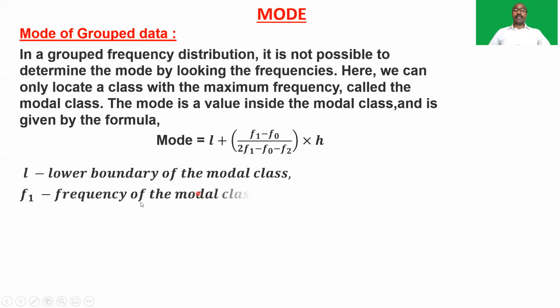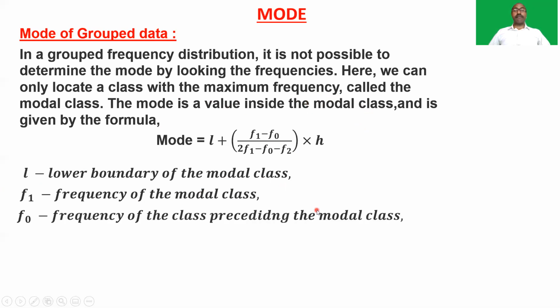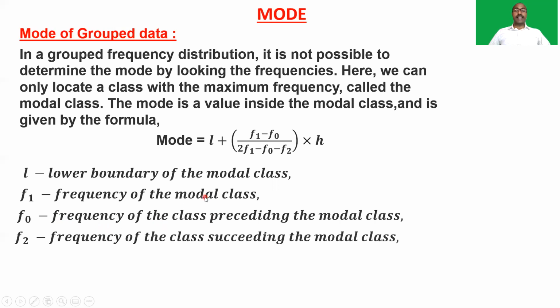F1 is the frequency of the modal class, which is the maximum frequency, and F0 is the frequency of the class preceding the modal class. F2 is the frequency of the class succeeding the modal class. And H is the size, or length, of the modal class interval.